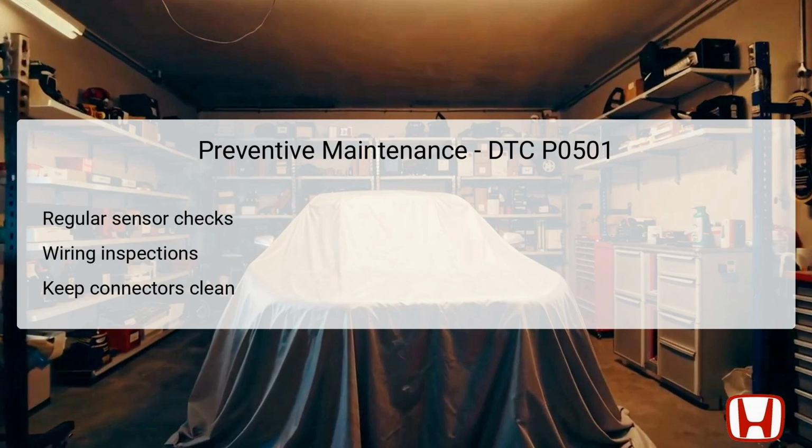Additionally, frequent inspections of the wiring connected to the sensor can prevent problems such as open circuits or short to ground. It is also important to keep connectors clean and secure to maintain proper connectivity. Regular system diagnostics and maintenance can contribute greatly to the longevity of the transmission system and the overall performance of the vehicle, leading to enhanced reliability.